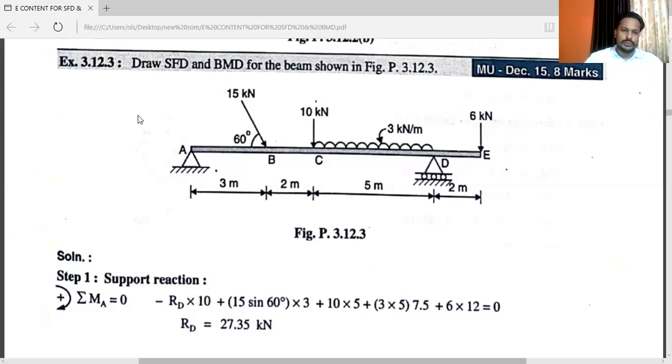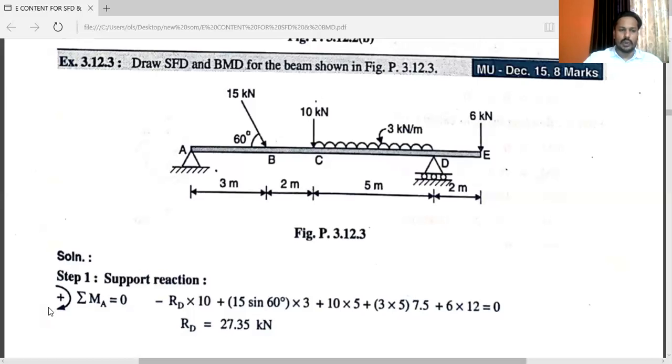Now you have to calculate the support reactions using the conditions of equilibrium. First condition: summation of moments at point A is equal to 0. Clockwise positive; the assumption is very important.